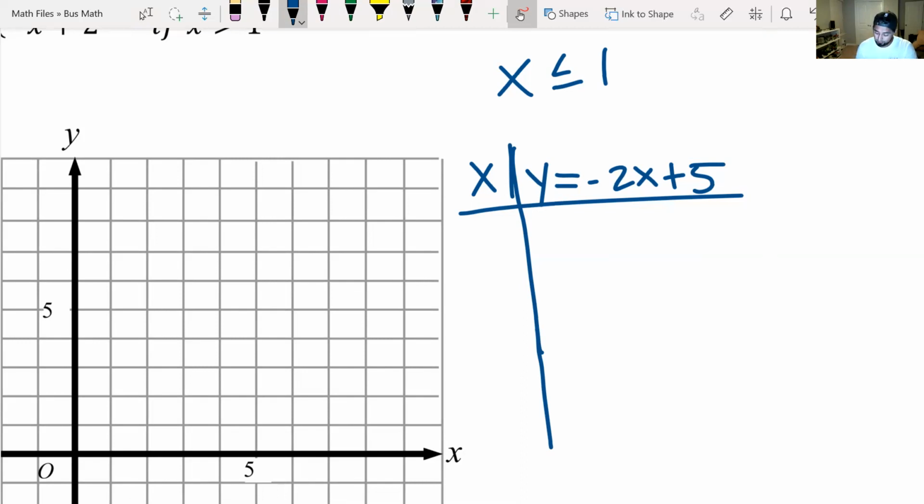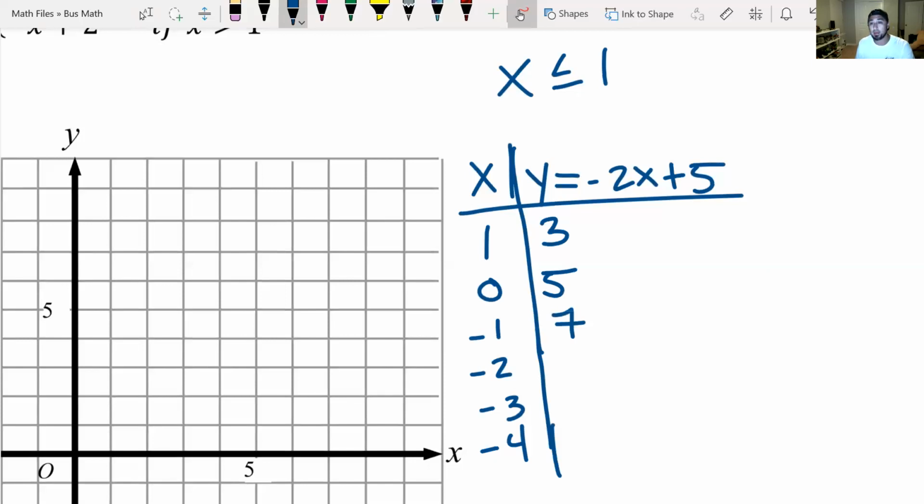So start with 1 and go less than. That's fine, 5 is enough. Plug these into the x values. So negative 2 times 1 plus 5 gives me 3. 0 plus 5 gives me 5. Negative 1 turns into 2 plus 5, so 7. 3, 5, 7, 9, 11, 13.